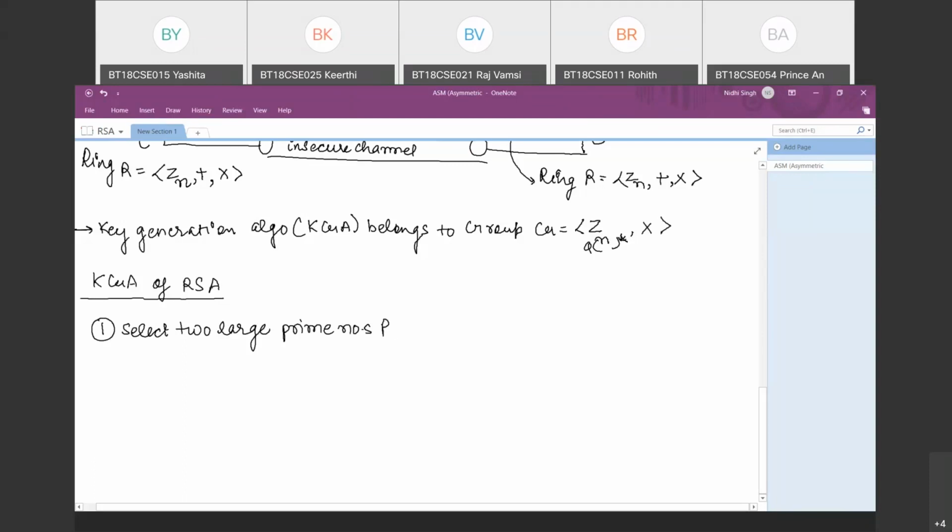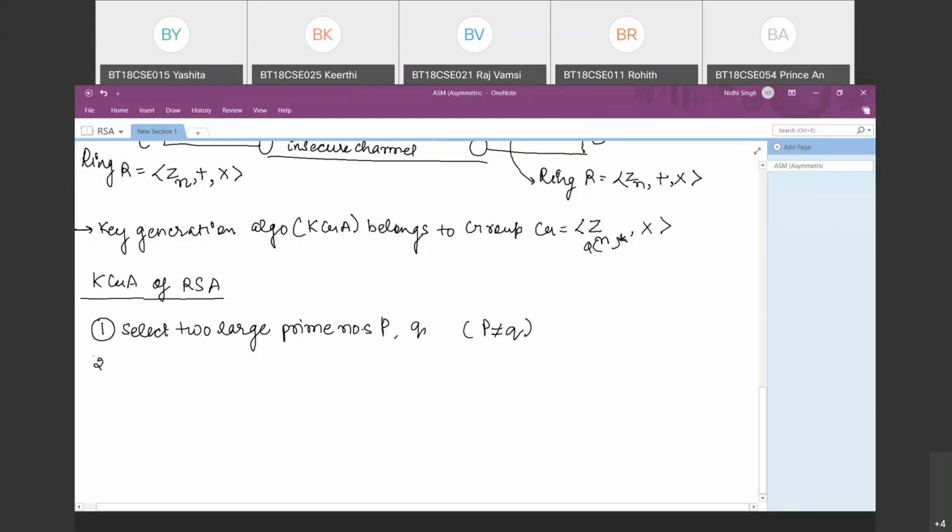The first one is called small p, that is my small p, and q. Now this small p and q should not be equal to each other. That is the condition. So my first step is we have to select two large prime numbers p and q, and p must not be equal to or similar to q.